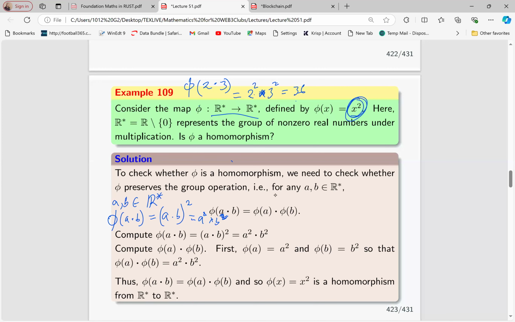Yes, it will be that 6. Or alternatively, you can just multiply these two, get 6, and square, get that 6.